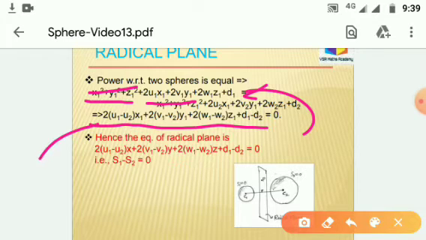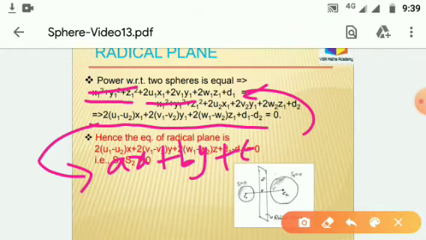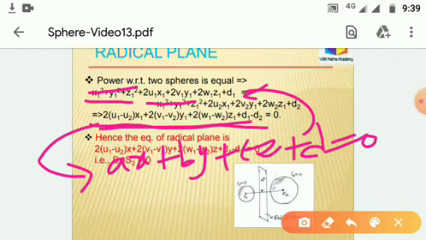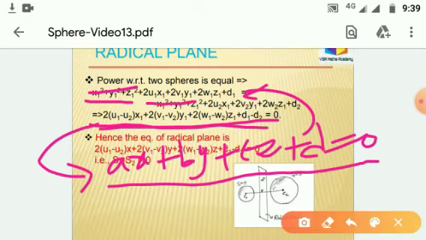This equation is of the form ax plus by plus cz plus d equal to 0, which you know is the equation of a plane in three-dimensional geometry.